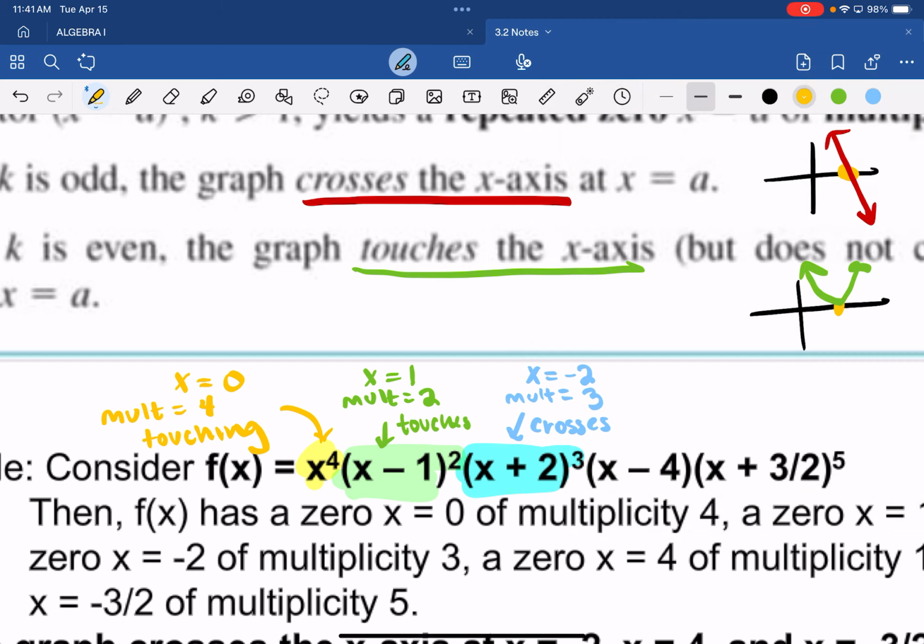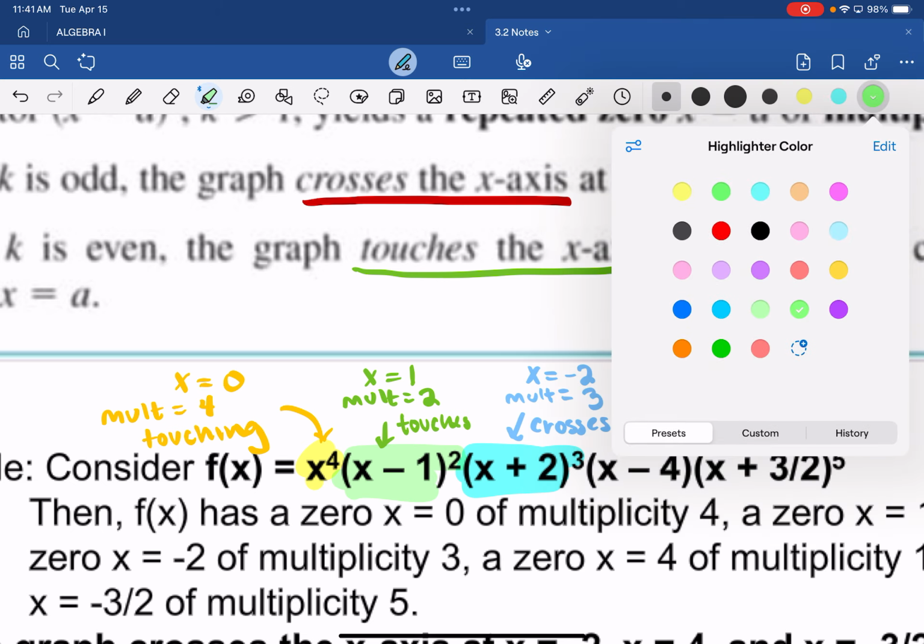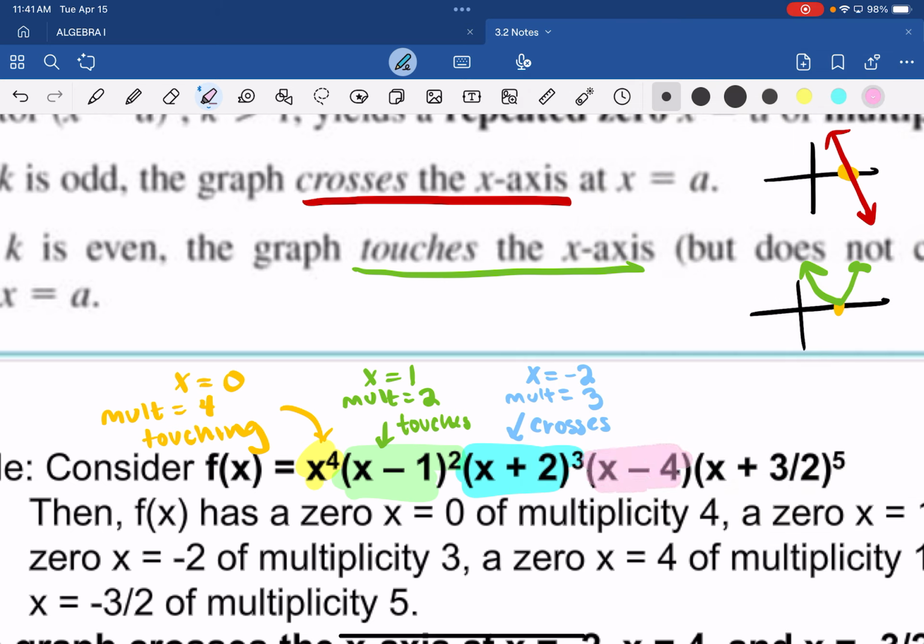Okay, let me switch colors again. Two more. Here's my next one. This one would be x equals 4. My exponent's a 1, so I have a multiplicity of 1 here. That's an odd multiplicity, so I know that it crosses.